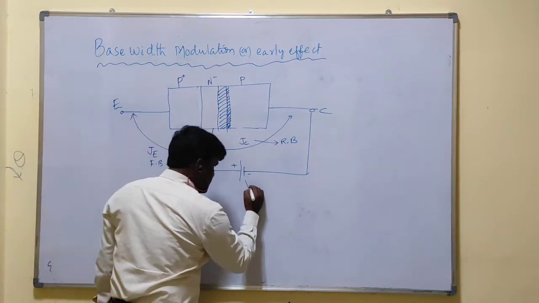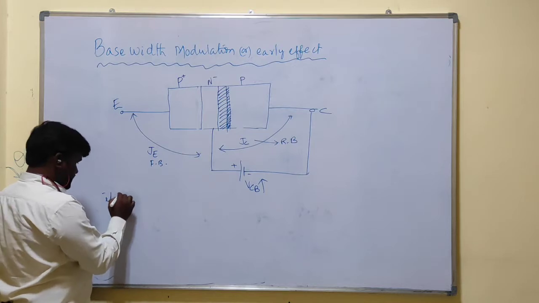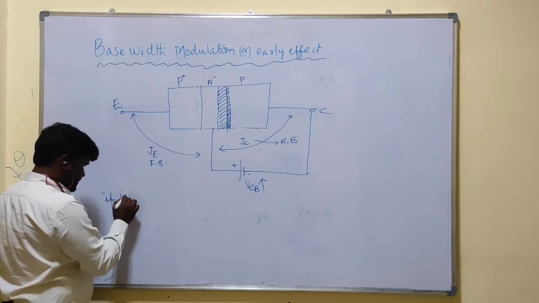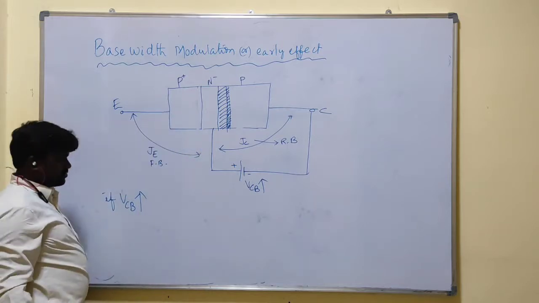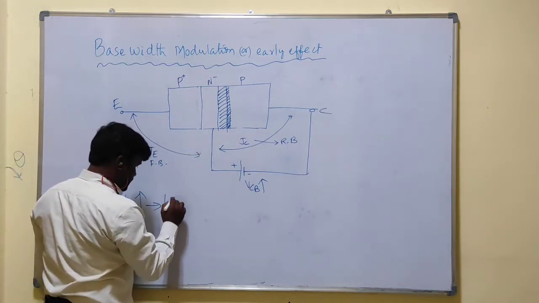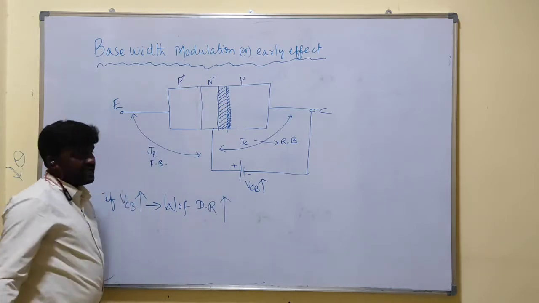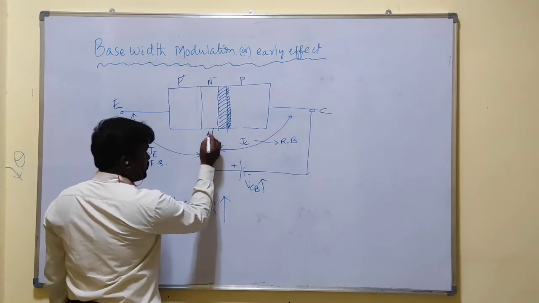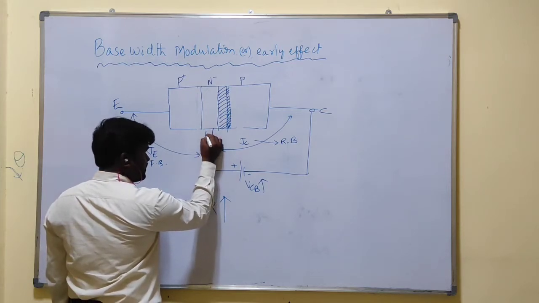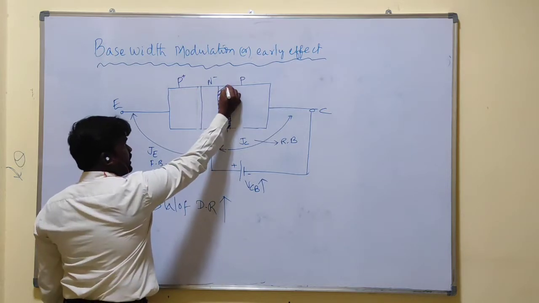If this VCB increases, what happens? The width of the depletion region also increases. As the width of the depletion region increases, the effective base width decreases. Here WB is the effective base width, actually from this point to this point.